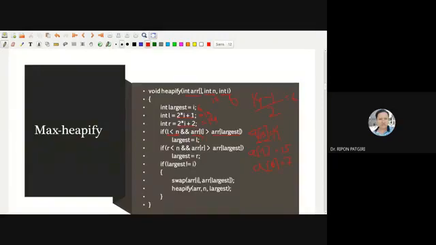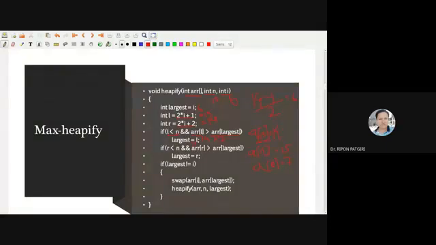Is 14 greater than array of largest? Array of 6 is 7. 14 is greater than 7, is it true? Yes, it is true. That's why largest is L, which is 13. So largest becomes 13 here.